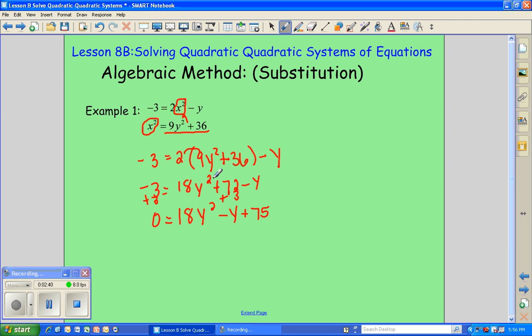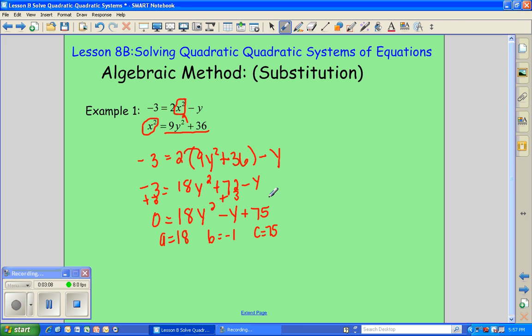That's where the 75 is going to come from. I can choose to work with trying to factor this out. I can do a lot of things, but just to be safe, I'm going to review with you how to do quadratic formula. So A is 18, B is -1, and C is 75.